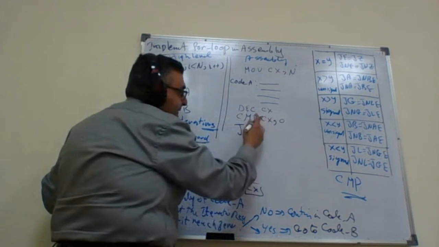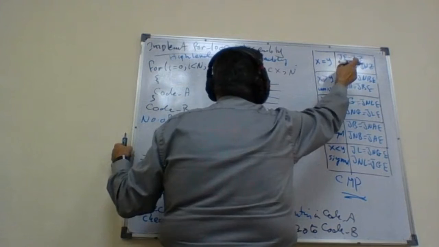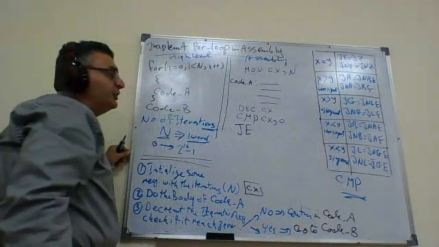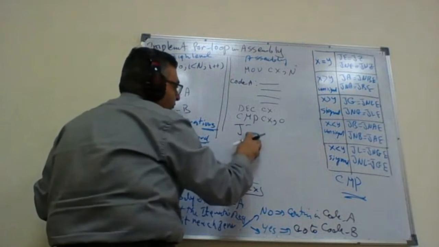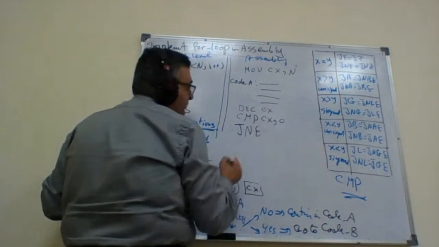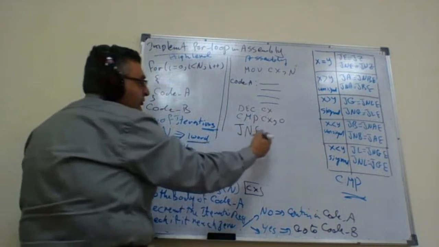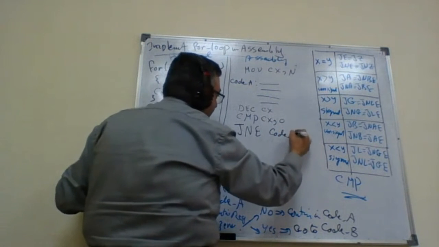As long as CX is not equal to 0, I need to jump. To jump where? To go back to the for loop. So jump if not equal, as long as they are not equal, I will jump into code A.